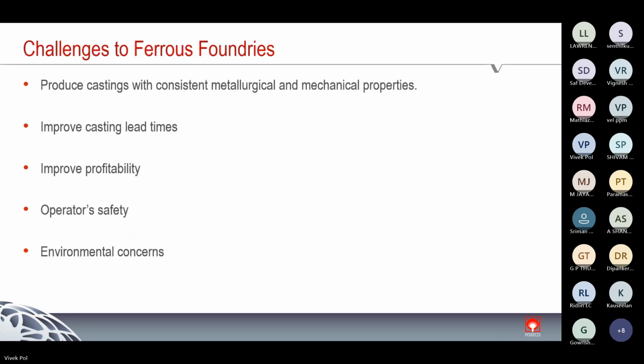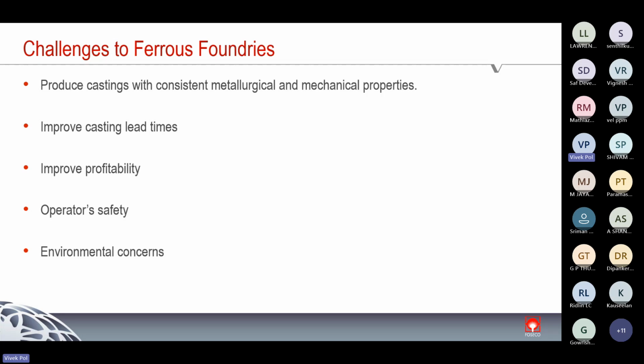When we talk about the overall challenges that foundries are facing, for example, producing castings with consistent metallurgical and mechanical properties. Then improving casting lead time, particularly applicable to steel foundries, where because of heavy rework, casting lead time always goes beyond the target date, in weeks or sometimes in months. Overall, improving the profitability of a foundry by reducing rejections and improving productivity has always been a challenge.